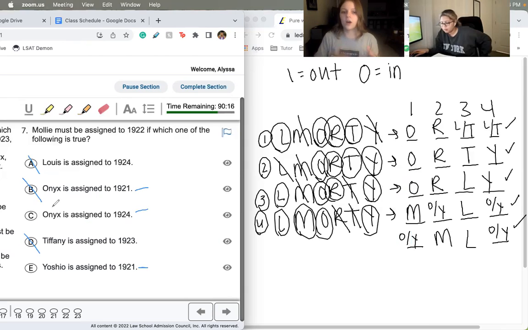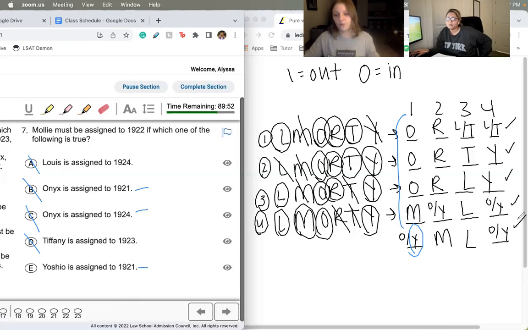Looking at C, O being in my 4th position, does that make M in my 2nd position? So it's E. Yeah. Because when I put Y in my 1st position, I have to have M in my 2nd position. I don't have another world where I have Y in a 1st position.